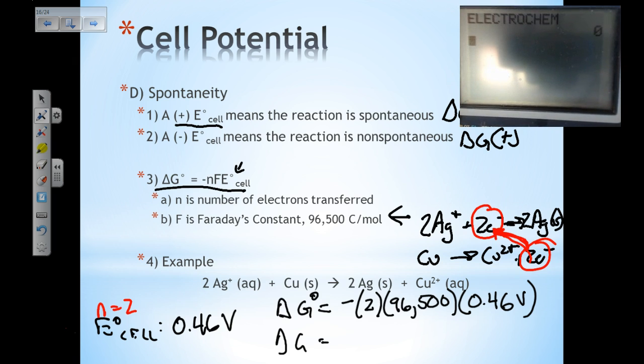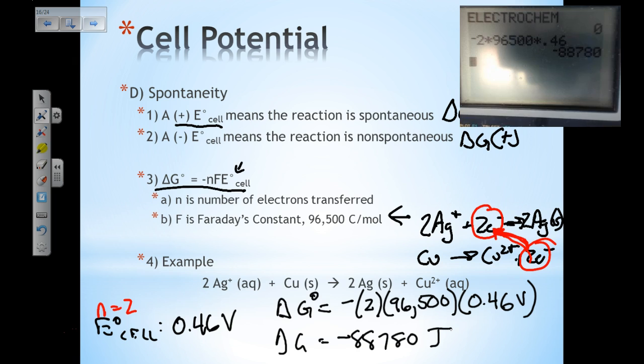So we get negative 2 times 96,500 times, sorry, not 46, 0.46. And when we do that, we get negative 88,780, and that answer should be in joules.